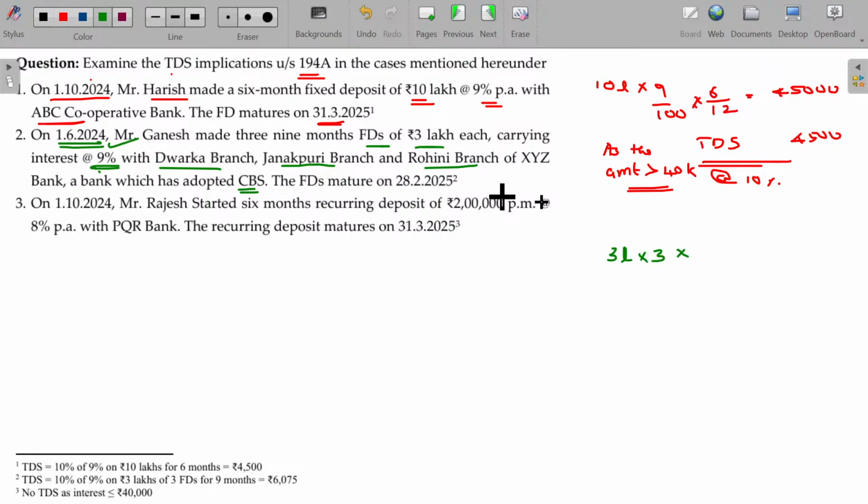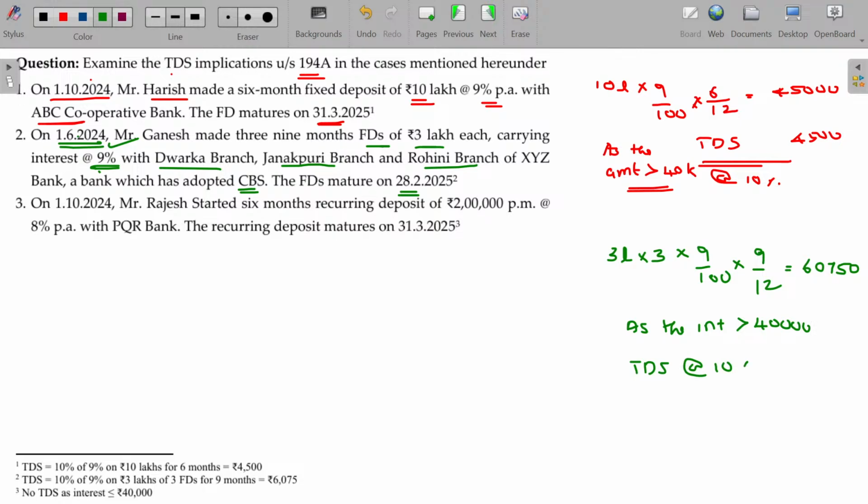What is the rate of interest? 9%. How many months? From 1.6 to 28.2, 9 months. For 9 months, what is the total interest payable? 60,750. As the interest is more than 40,000 rupees under the CBS system, TDS at the rate of 10% is applicable. 6,075.